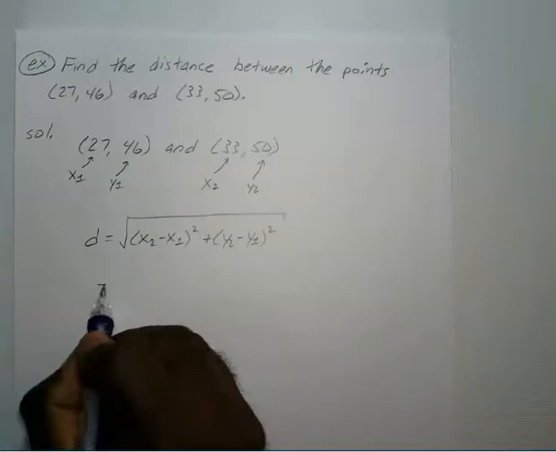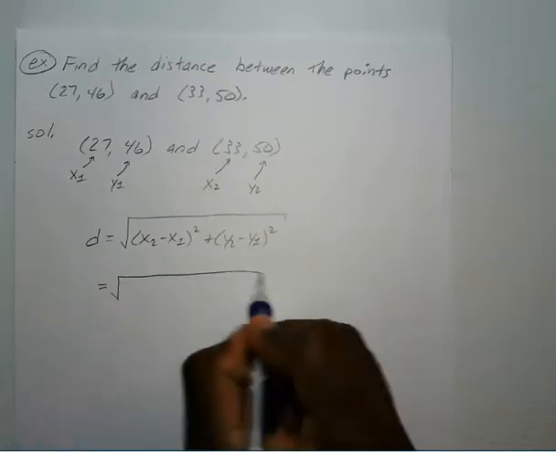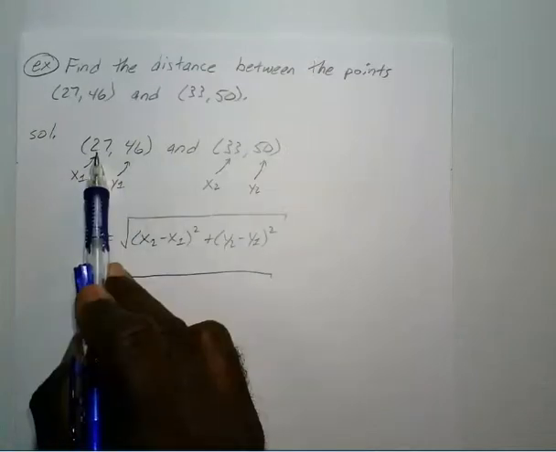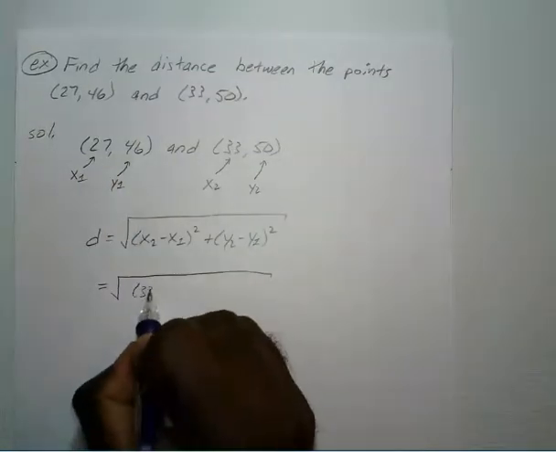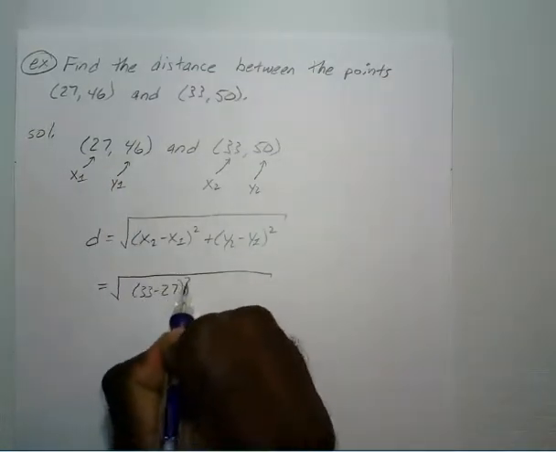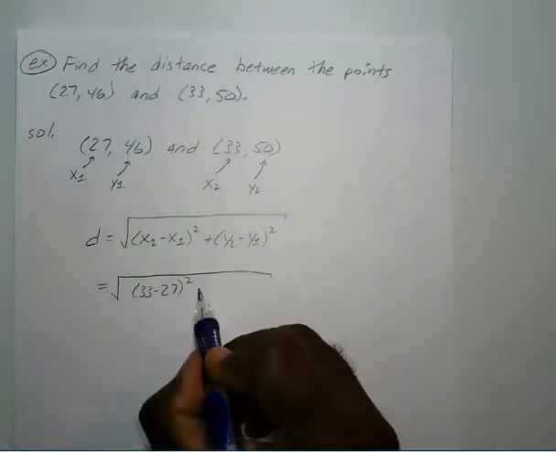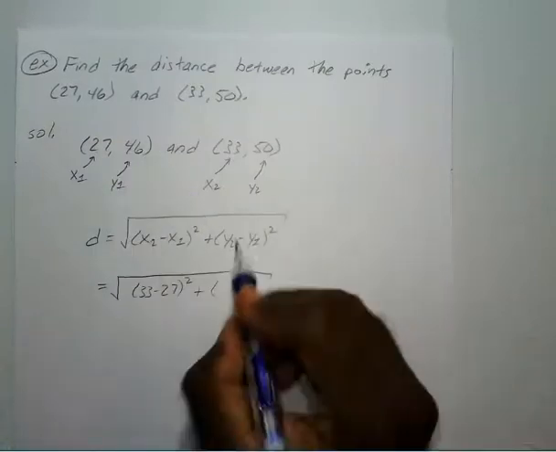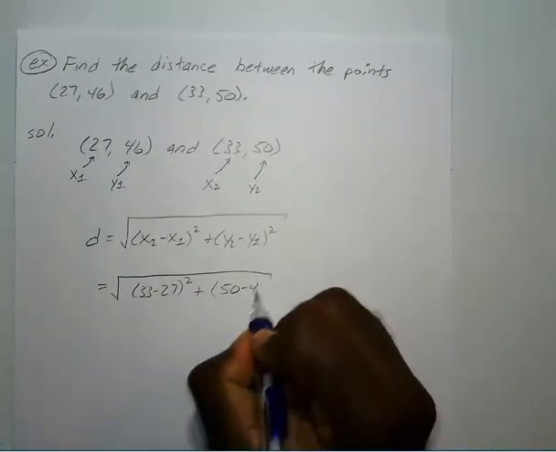Going ahead and plugging everything in, x2 minus x1 will be 33 minus 27 squared, and y2 minus y1 is 50 minus 46 squared.